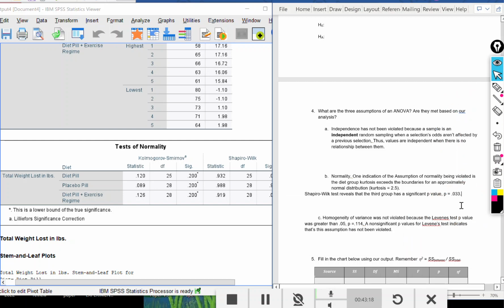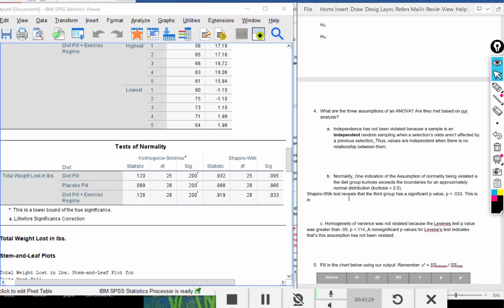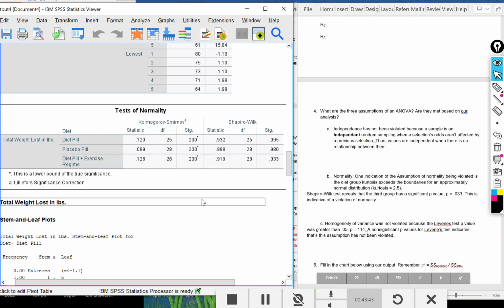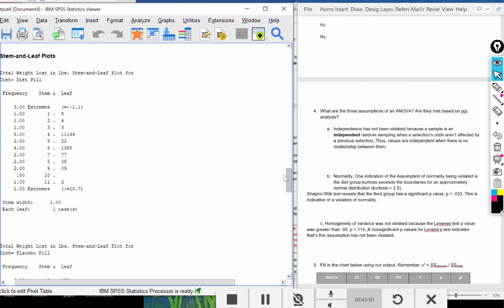All right. This is indicative of violation of normality. Okay, so that's that right there. So we have another indicator, and I think this is more of a major indicator of violation of normality.